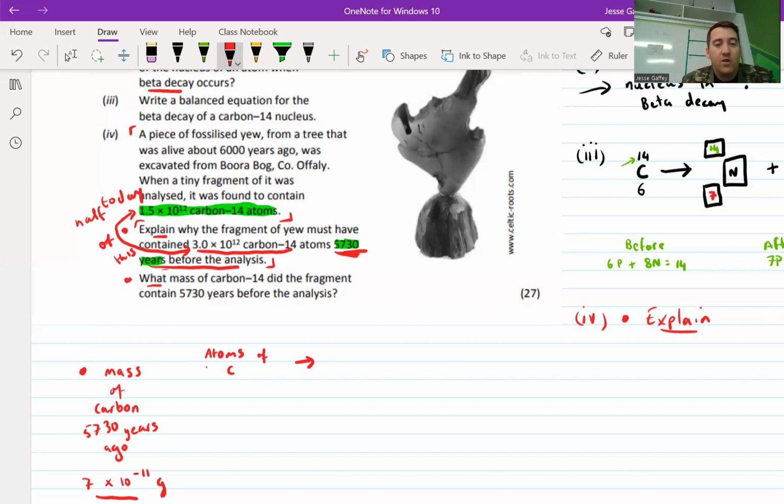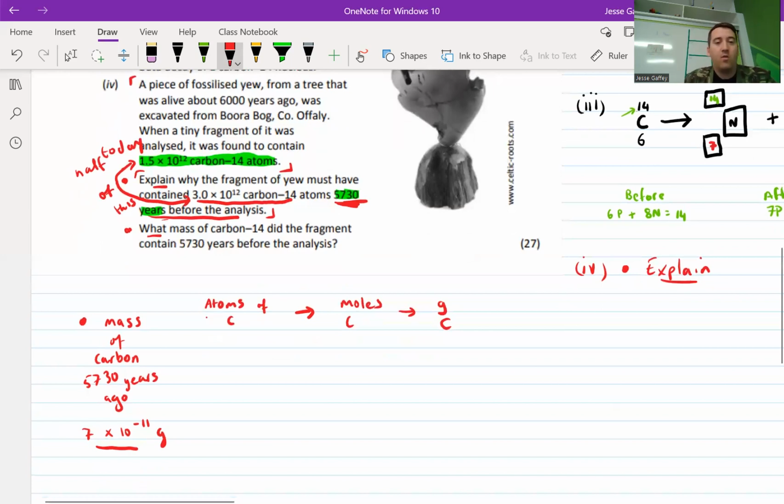Now, of course, you can't do that without going from atoms to moles of carbon and then going to grams of carbon. Okay, so now that I've shown you how you would do that, you should be able to work your way through and get this answer in grams. Pause the video and do that now.